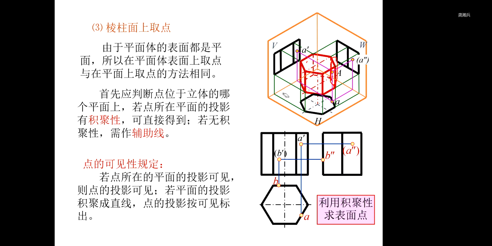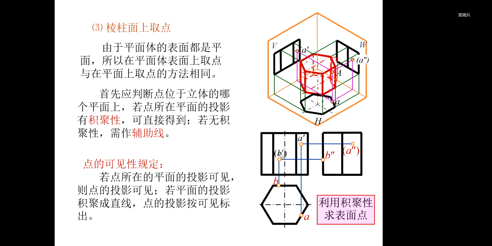You see from this direction. This A is on the back plane here. On the V projection, and on the W projection, from this direction, this A is blocked by this plane. And then from this direction, because B is in the back, it should be blocked by this plane.